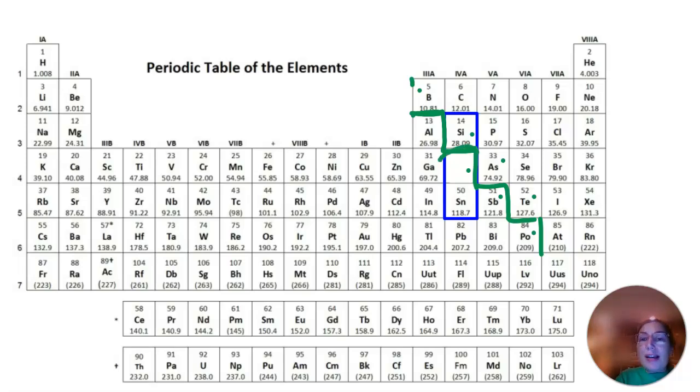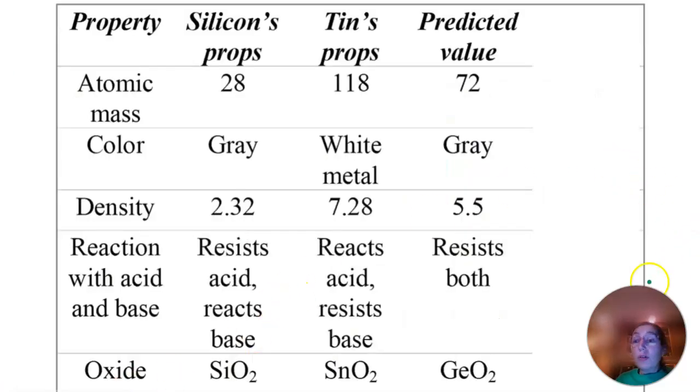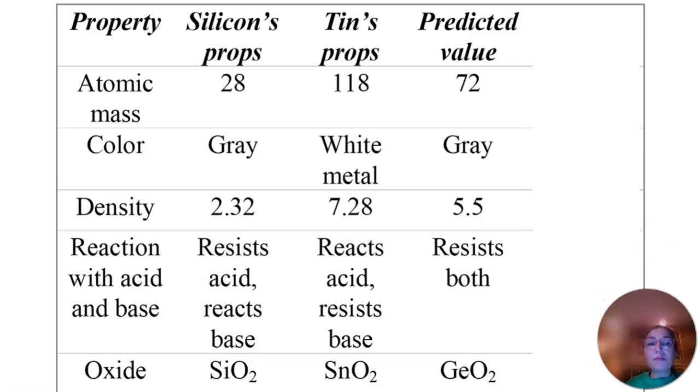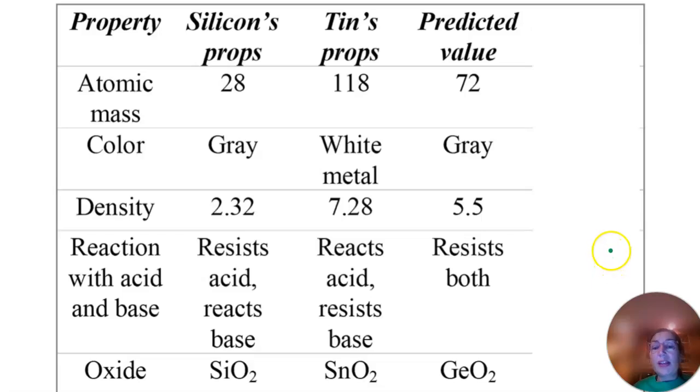Okay, so what's this ecosilicon? Let's look at that a little bit more. So here's what Mendeleev did. He said, I've got silicon's properties, I've got tin's properties, and he predicted values right in between them. He predicted ecosilicon and its atomic mass and its predicted color and density. He said if silicon resists acid and reacts with base, and tin reacts with acid and resists base, he predicted ecosilicon would resist both.